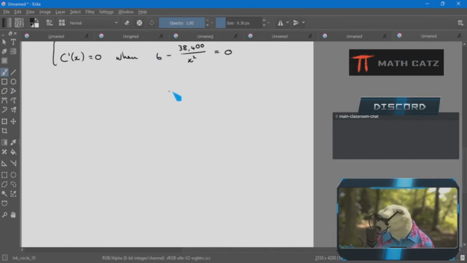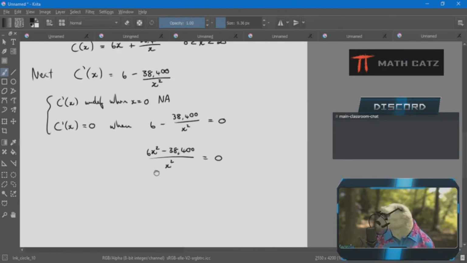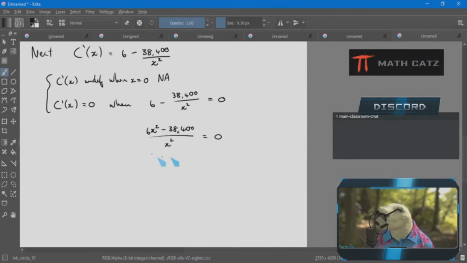Anyway, we chose not to. Put it over a common denominator x squared, and I get 6x squared minus 38,400. It's not necessary in this case, but perhaps your derivative, you made it look like this, which might not be a bad idea. And then I'll more clearly see, oh, bottom equaling 0 is a problem.